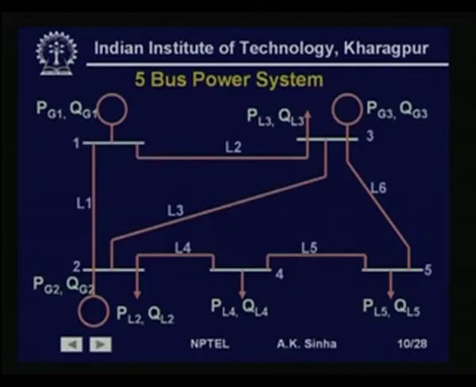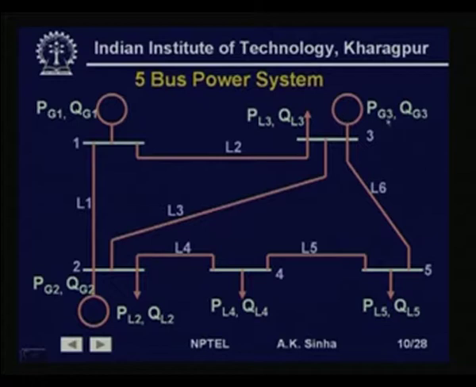Now, let us take a sample 5 bus power system which we had seen earlier. In this system we have at bus 1 PG and QG generation, we have at bus 2 PG2 QG2 generation, PL2 QL2 loads.